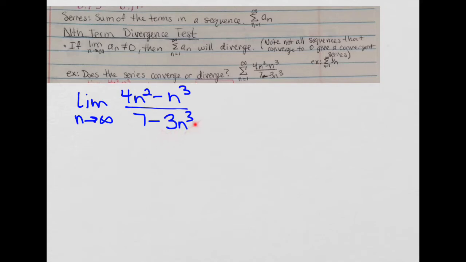You can do that by taking the variables with the matching highest degrees and dividing their coefficients. In this case, that would be n cubed. So you take -1 over -3, which gives you a limit of 1/3. According to our rule, that does not equal 0, so this series will diverge.